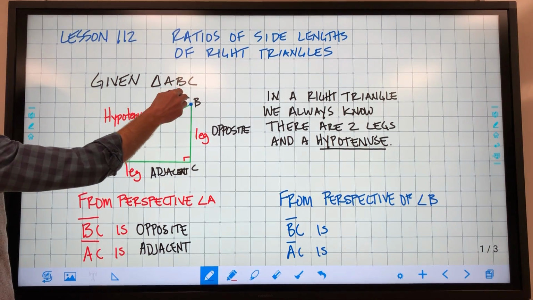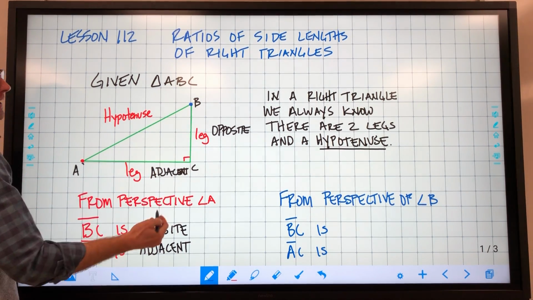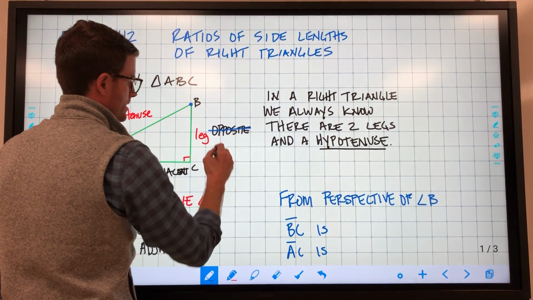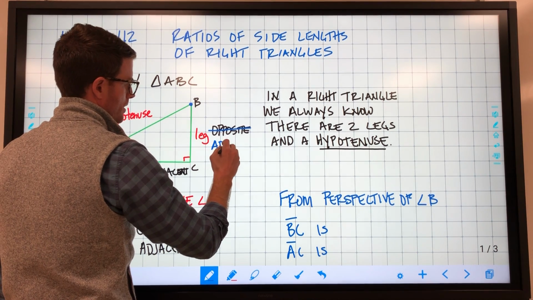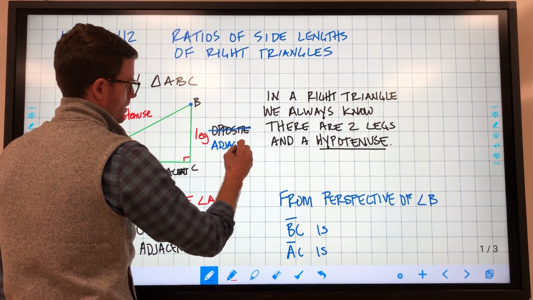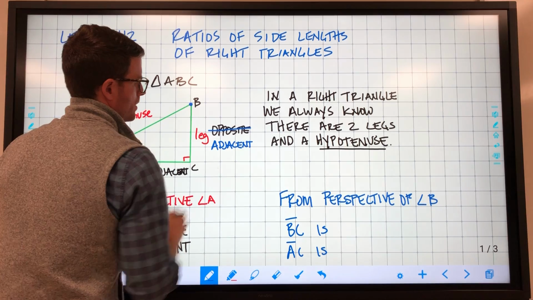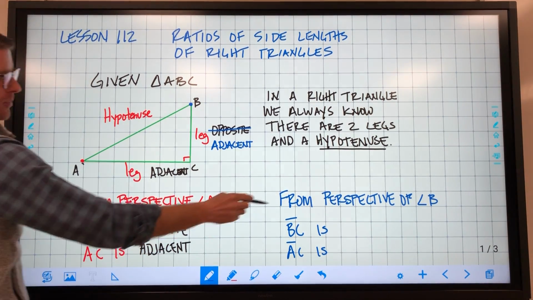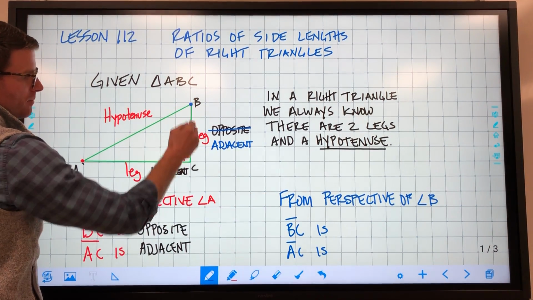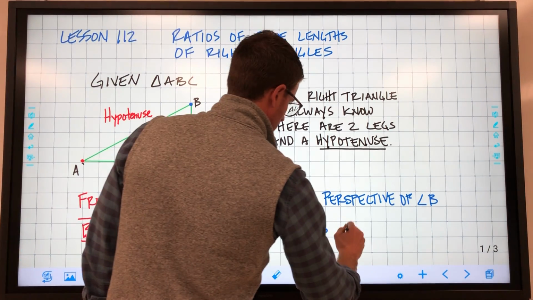So if I'm at B, the leg next to me is no longer opposite, it's adjacent. So from the perspective of B, BC is adjacent.